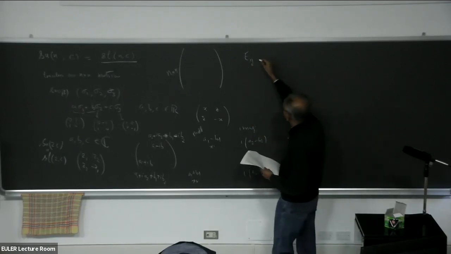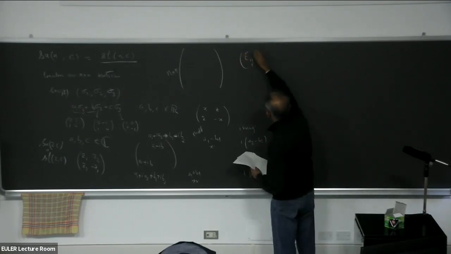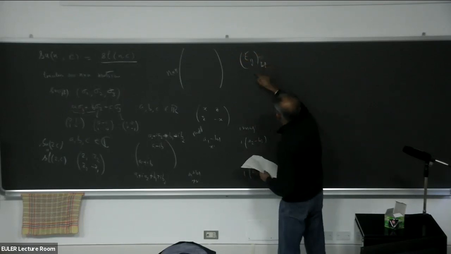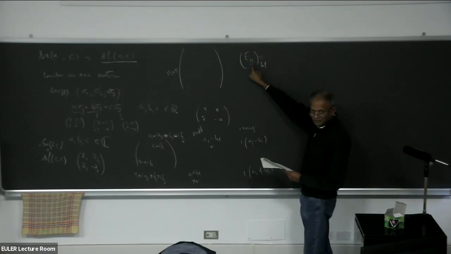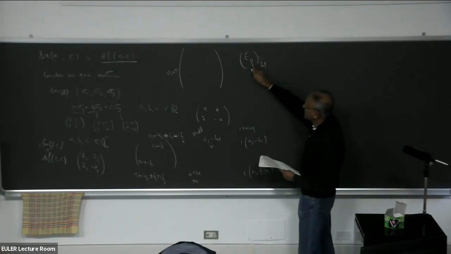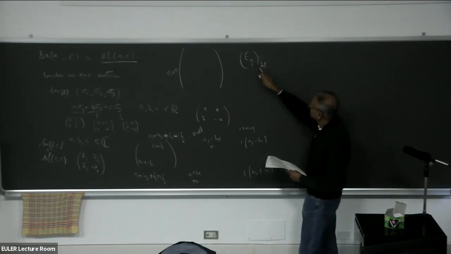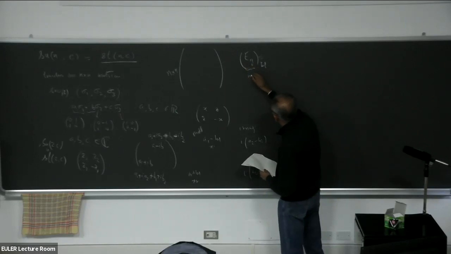So EIJ, with entries KL. This labels the matrix. This is not the row and column. This is just the name of the matrix. But I put these indices ij because there will be as many matrices as i and j. So this whole thing is an n by n matrix.